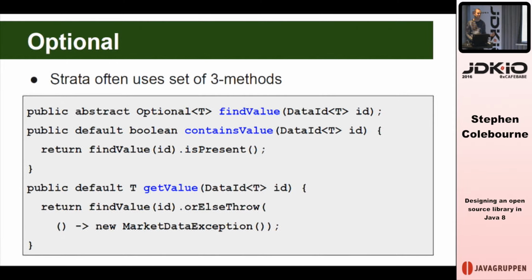That gives the user the choice: do they just want to check for the existence of something, get it and have an exception, or process the error themselves? I think this is a really useful pattern, and it fits very well with methods on interfaces. It's the ideal kind of thing you're going to have if you're looking up data in some kind of underlying storage system, whether that be a database or a hash map, who knows what.